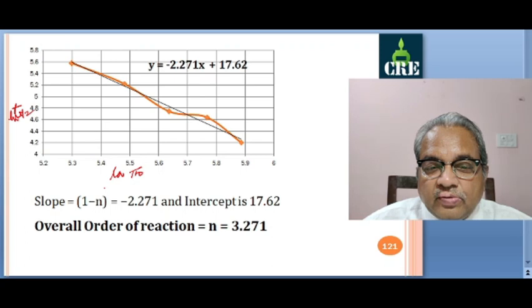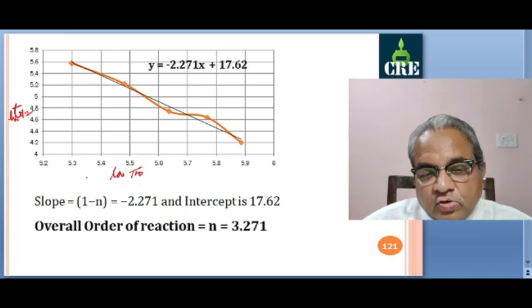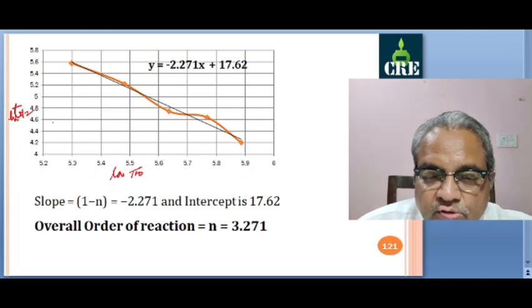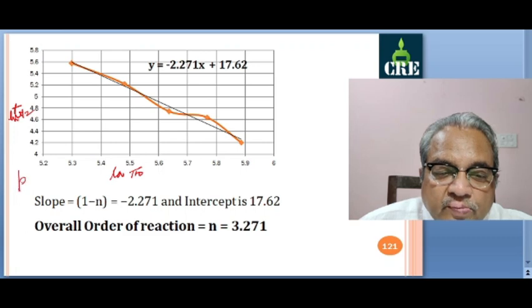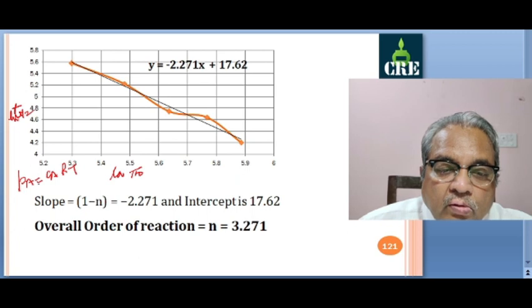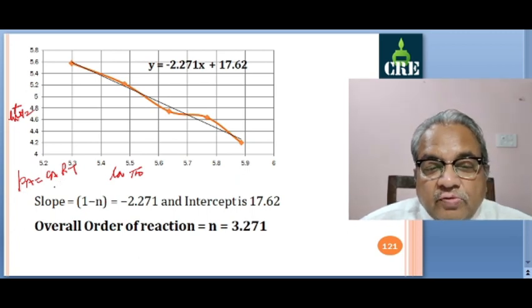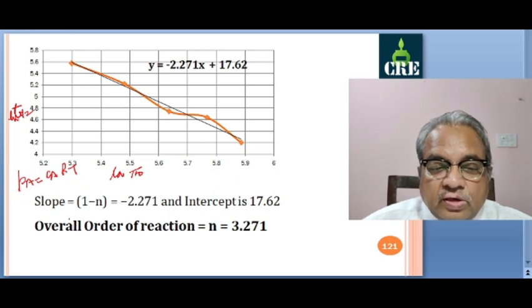If you determine k in this case with these values, it will be in terms of pressure units. You can always convert into concentration units using PV equals nRT, that is nothing but P_A equals C_A RT. N by V is C_A, so P_A equals C_A RT. We'll see this also in the next problems.